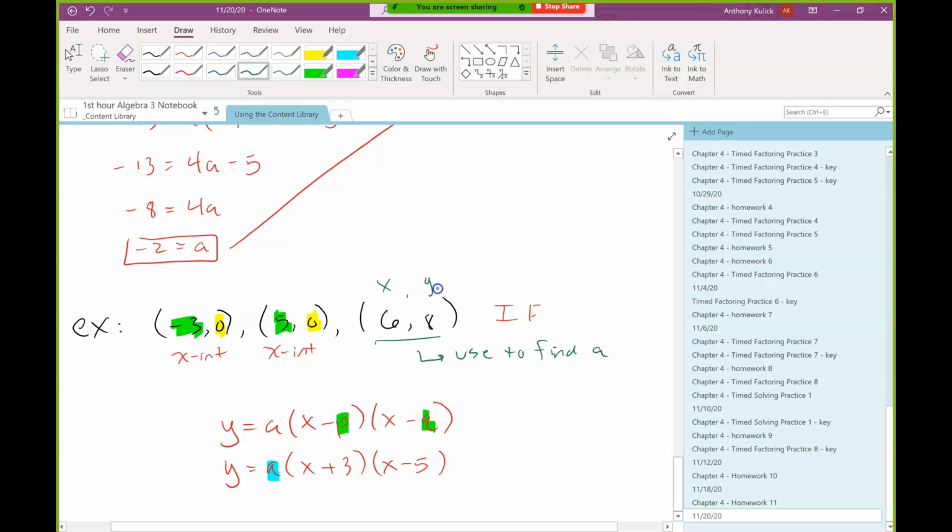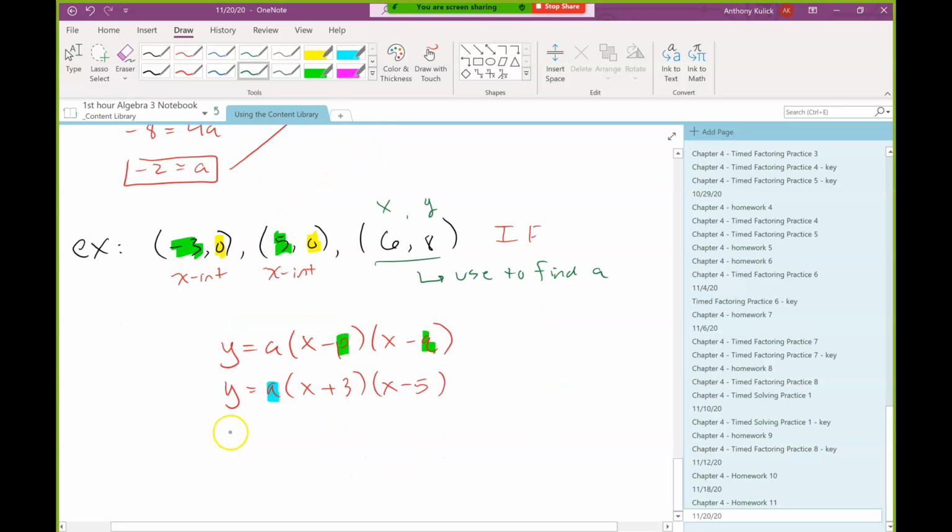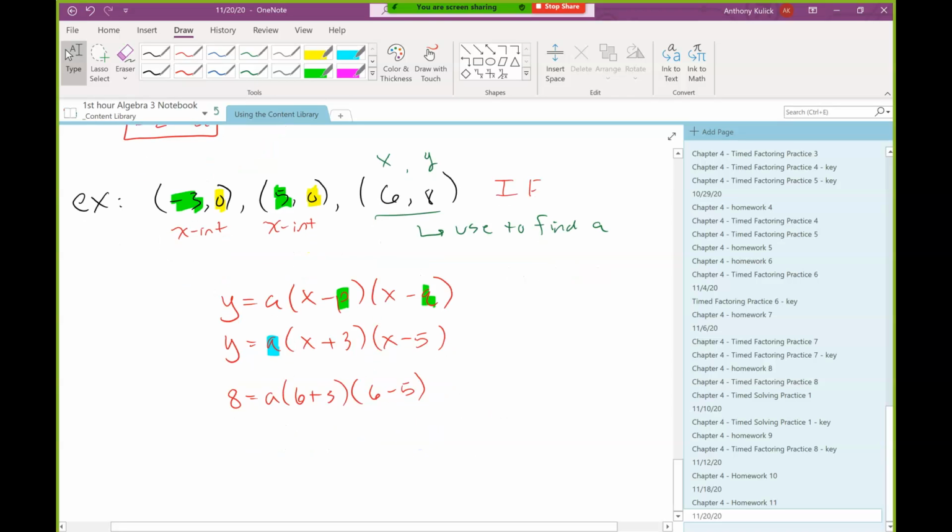This point again is an x and a y. So I can plug those values in for x and y and use them to solve for a. So 6 plus 3 is 9. 6 minus 5 is 1. 9 times 1 is 9.